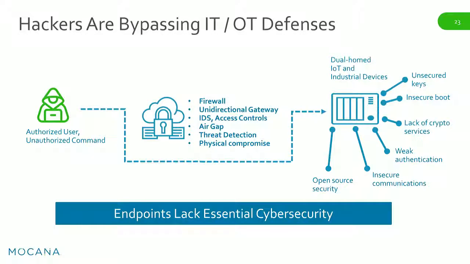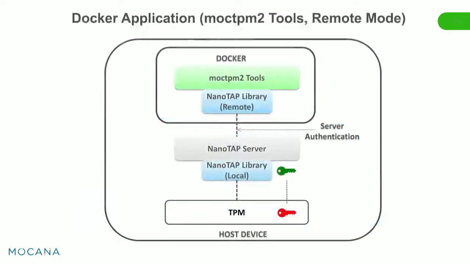I'm going to jump ahead to that. So let's talk about a couple of use cases here of how we secure this, with the remote mode of operations for Docker containers.